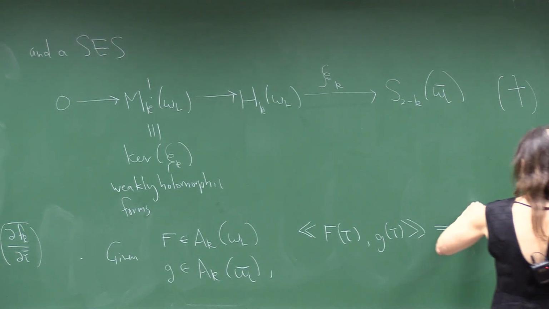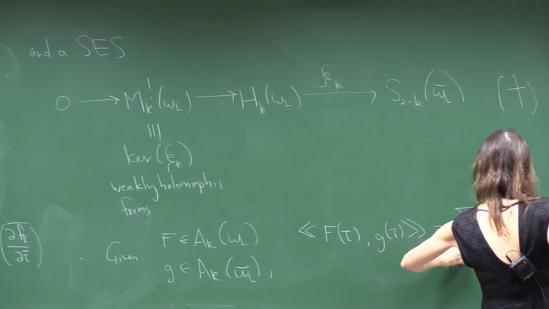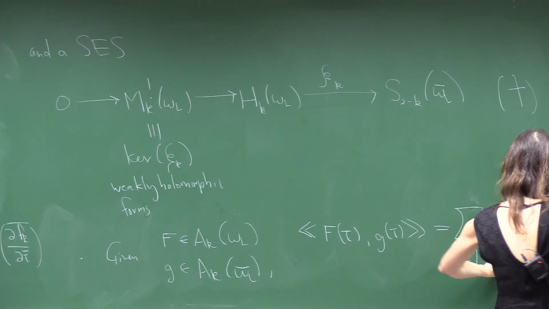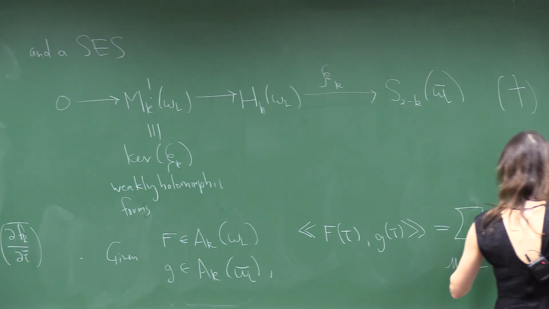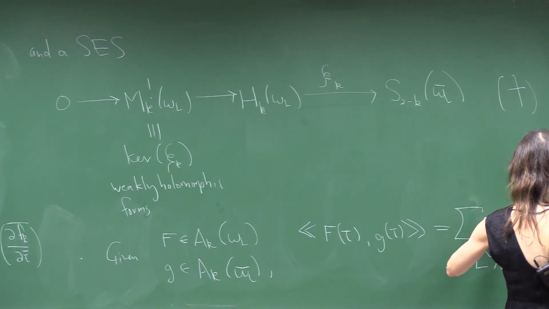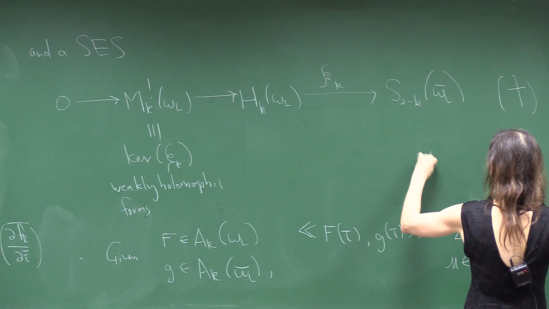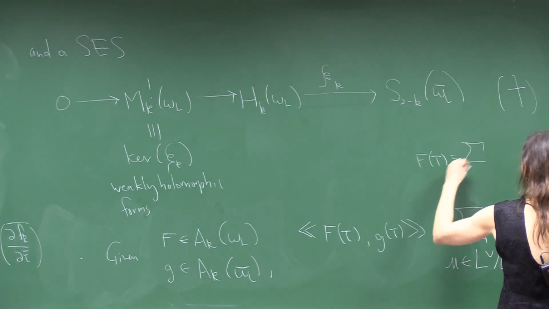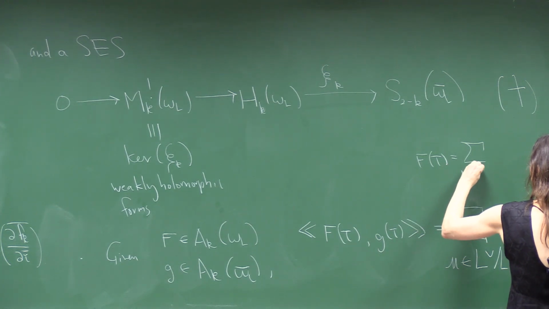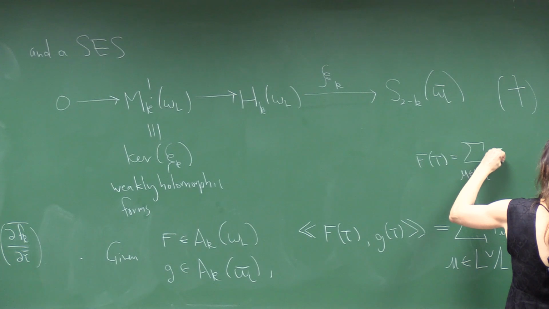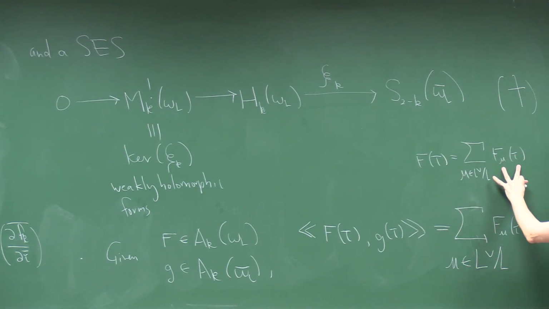It'll be the corresponding sum over cosets of the dual lattice mod the lattice of the corresponding linear combination. For instance, F will have a Fourier series expansion of this form, some sort of sum over these scalar values. Here the vector-valued modular form involves the characteristic function for the coset.